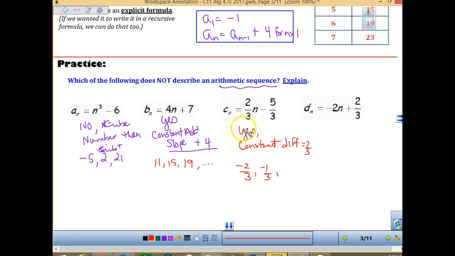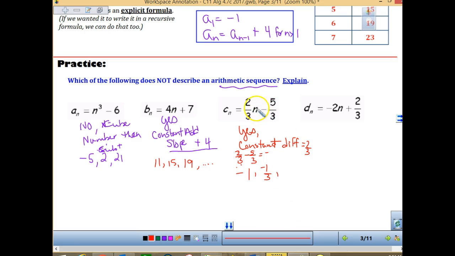Is that right? No, the first one should be what? What's 2/3 minus 5/3? Negative 3/3. It is what? Negative 1. Then we have negative 1/3, right?